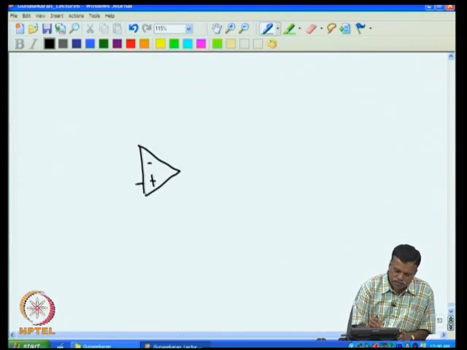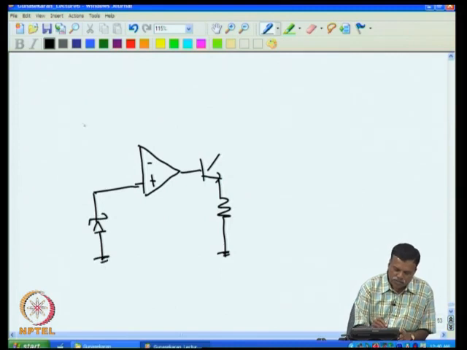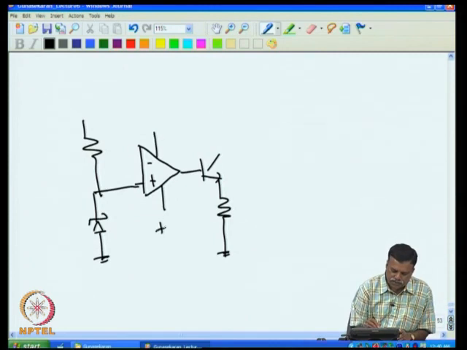I take this op amp. Then I put, for example, one resistance here. Then I put the Zener. My aim is that I want the Zener with respect to ground. So I put the biasing network for the Zener, then I give the supply plus 15, minus 15 volt, then I give here plus 15 volt.